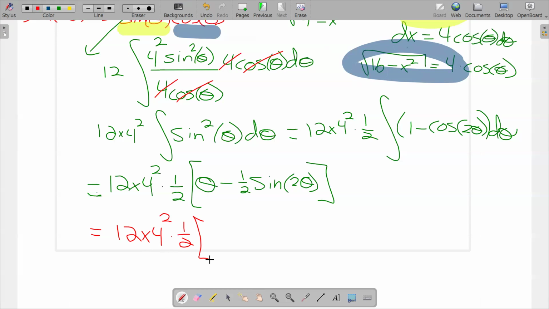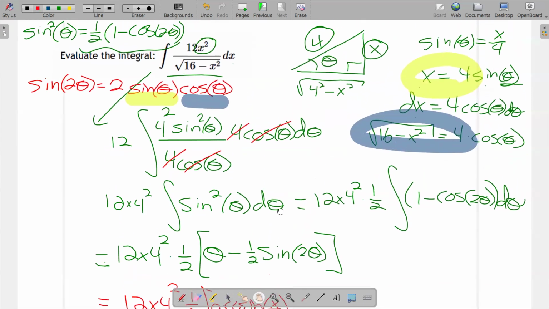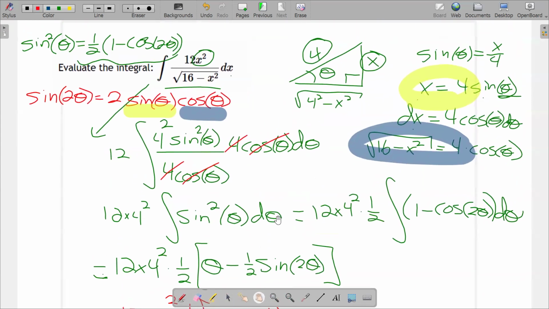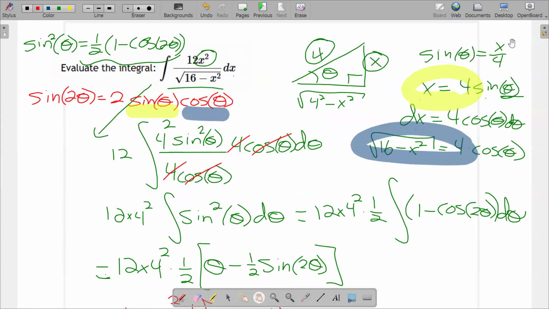So that means sine of theta is x over 4. So theta would be the arc sine of x over 4. And again, I'm solving this for theta.